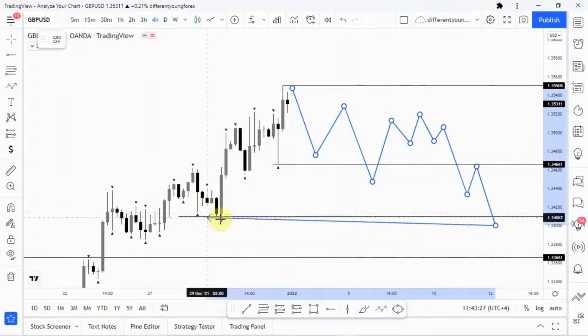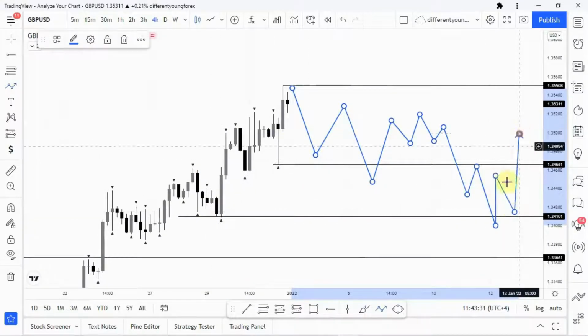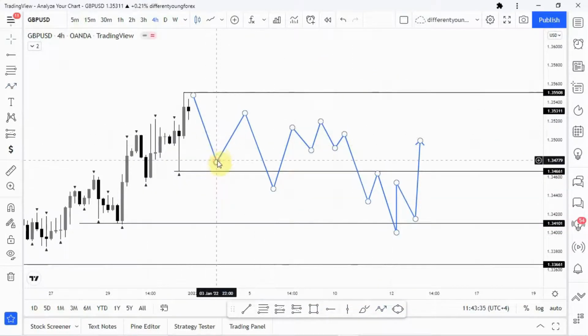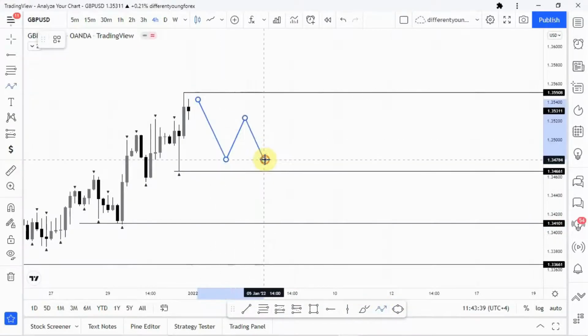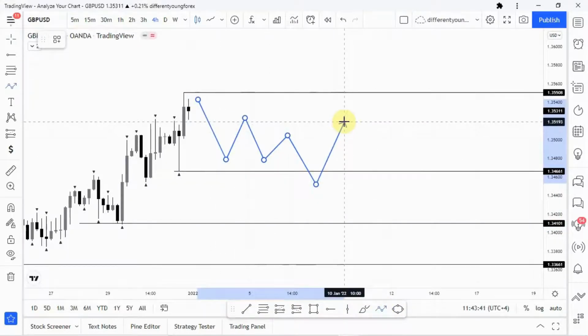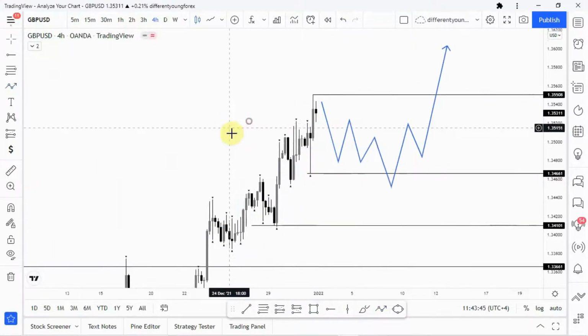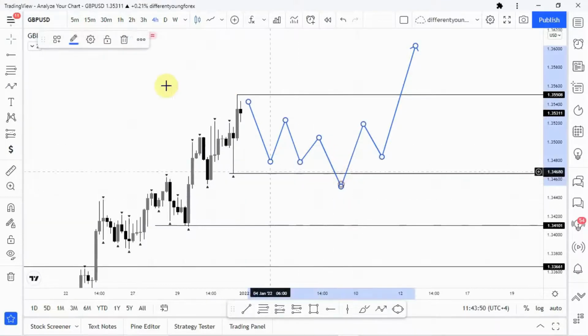When this daily liquidity is taken, because daily is also bullish, in line with flow, break some structure and continuation. So this could be the third scenario, and the most probable one is double bottom and take this liquidity on the 4H time frame and continuation, because we have a very bullish move and I expect to think this way.